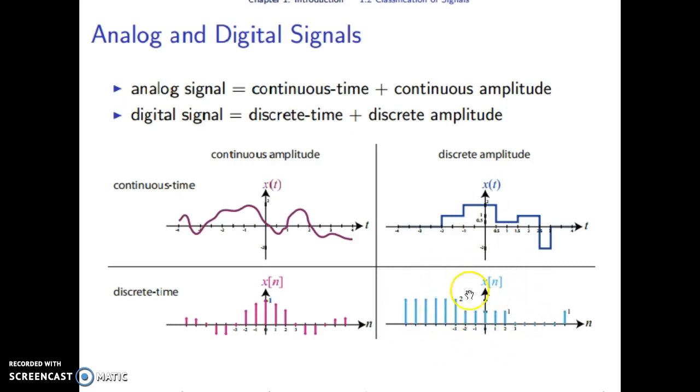Here is an example of a continuous amplitude discrete time signal, and here is an example of a discrete amplitude continuous time signal. This is how we can differentiate these different categories of signals.